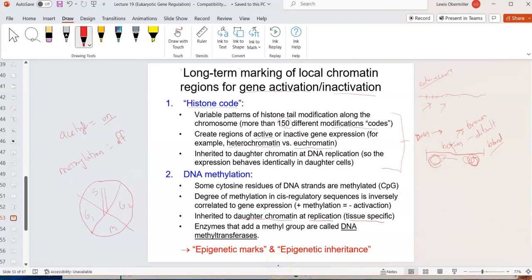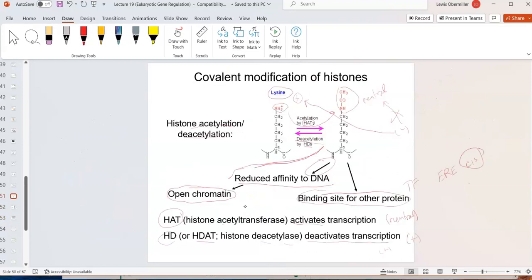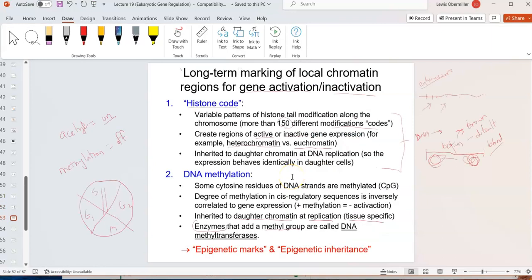The enzymes that do this methylation are called methyltransferases. We have acetyltransferases, those are acetylating. We have methyltransferases, those are methylating.